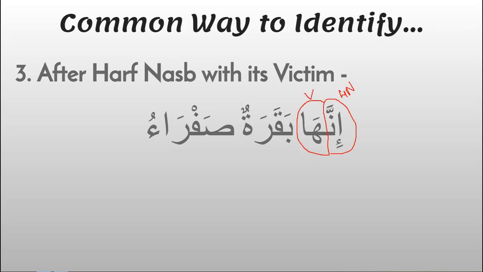So this will become our first part, and after this part we'll put the invisible is. So innaha means certainly she. Ha means she, right? Ha is the attached version of hiya. So certainly she is. Okay, we have to put is over here because there is our harf nasab and its victim.